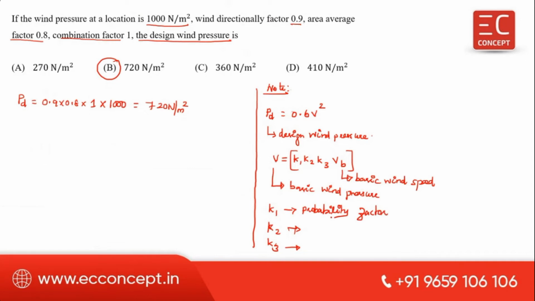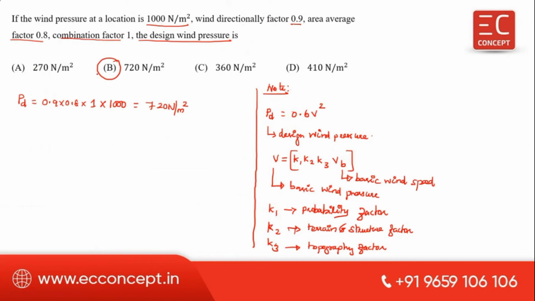K2 represents the terrain and structural factor. Next one is the topography factor. So these three are the important things you have to keep in mind.